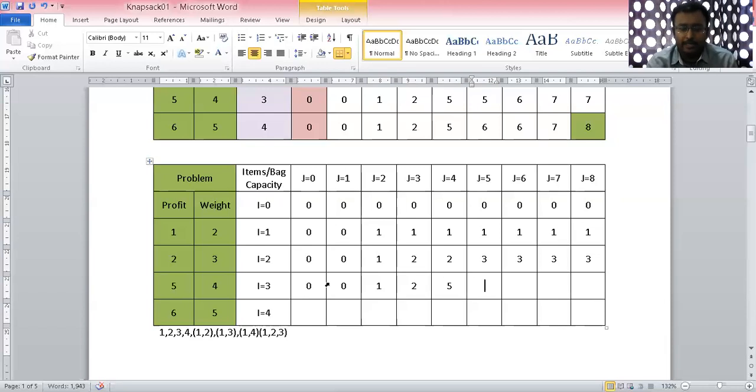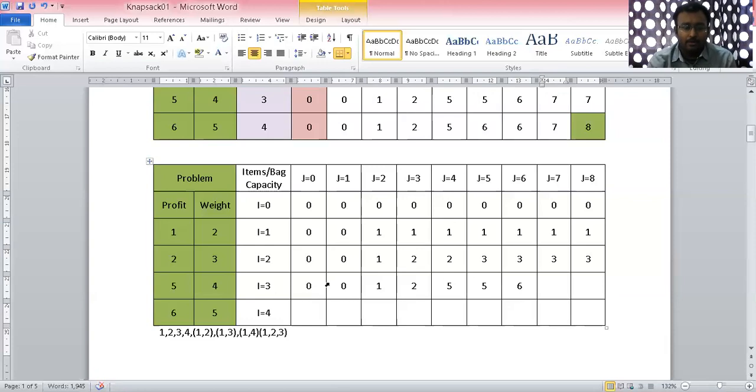When j is equal to 5, when the bag capacity is equal to 5, I cannot combine any other items, because if I combine any other item, the weight goes beyond 5. So I retain my previous value, that is 5. Now when j is equal to 6, I can combine item number 3 and item number 1. The item number 3 weight is 4 and the item number 1 weight is 2. So 4 plus 2, 6, and the profit comes out to be 6.